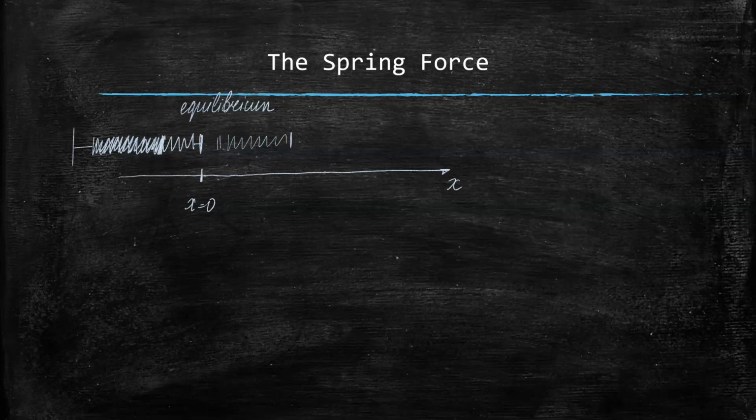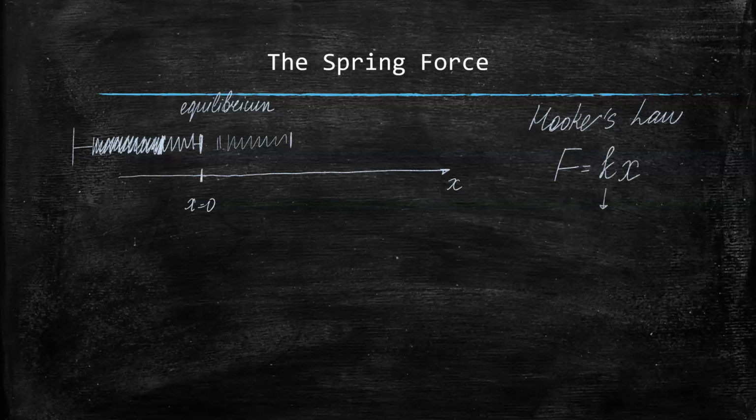And it was the physicist named Hooke who observed that it takes a certain amount of force to hold a spring at a stretched or compressed position. And the amount of force is actually proportional to the displacement. And this is what we refer to as Hooke's law.